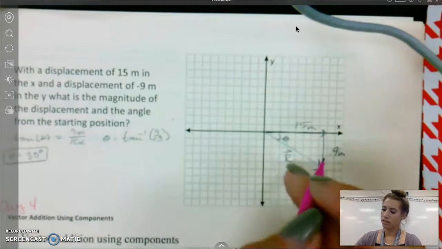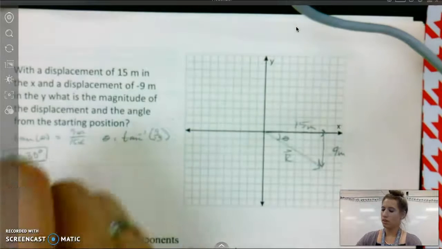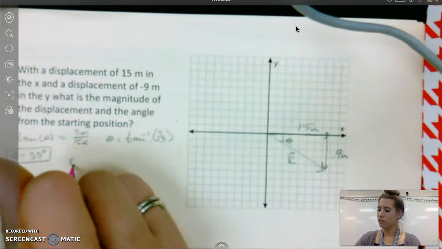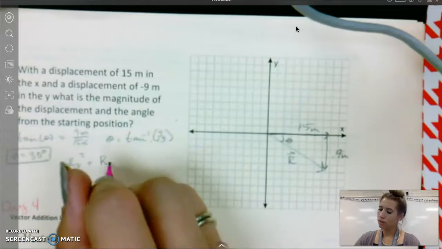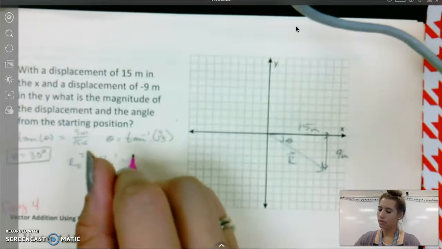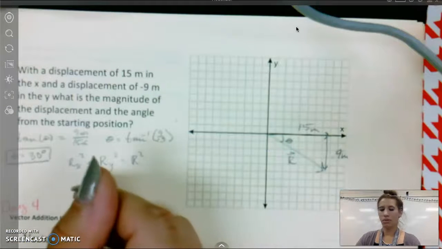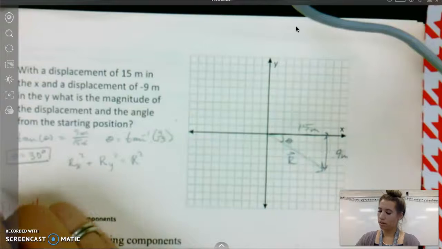We'll call that r, since this is r, we'll have r sub y and r sub x. Okay, so r sub x squared plus r sub y squared is going to equal r squared. To get r by itself, we'll take the square root of both sides.